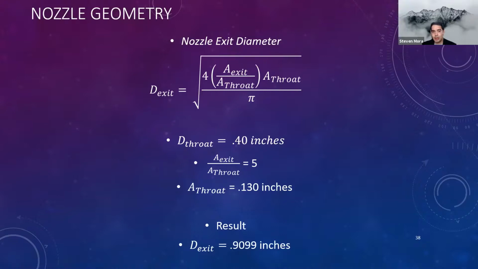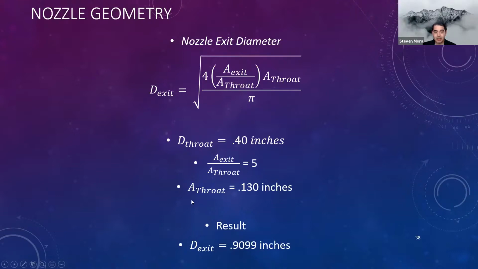To calculate it, we input the ratio between the exit cross-sectional area and the throat cross-sectional area, which we want to be 5. We also have one given value, the diameter of the throat, which is 0.4 inches, and the area of the throat, which is 0.13 square inches.